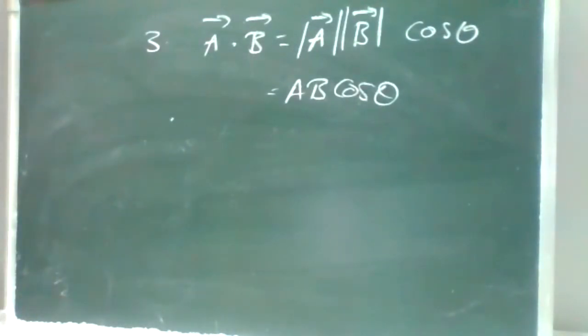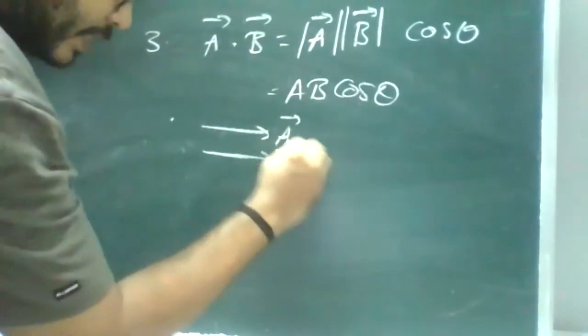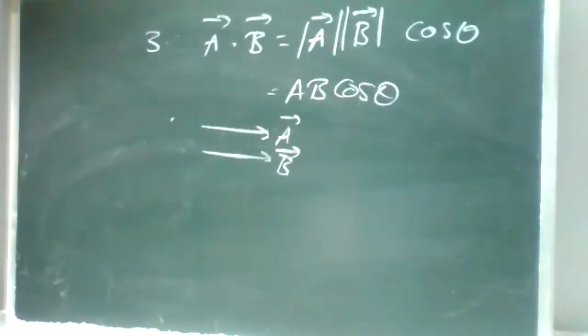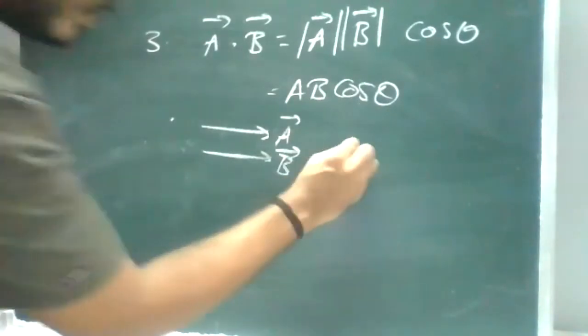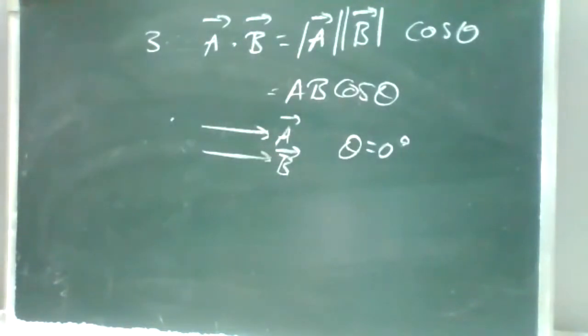Fourth point. If A and B are two parallel vectors having same direction, then theta is equal to 0 degrees.